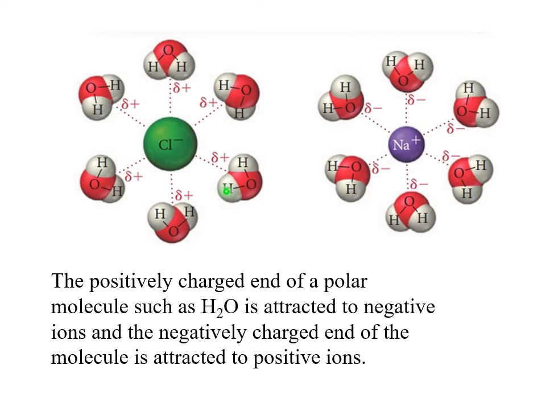Chloride is negative, so it will be attracted by hydrogens of the water molecule, making a hydrogen bond that is enhanced by the interaction between negative chloride ion and positive hydrogen. Sodium, on the other part, is positive, so it will interact with the negative area of the water molecule, which is the lone pair area. Here, hydrogens will look outside of this assembly.